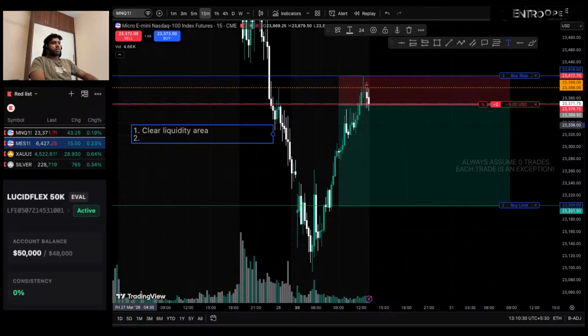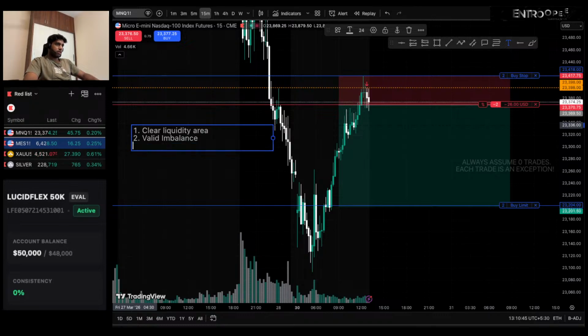Second condition that I require is valid imbalance. Now I will define these criteria separately, but first I will just jot down all the main criteria as it is. Next is valid imbalance or displacement.